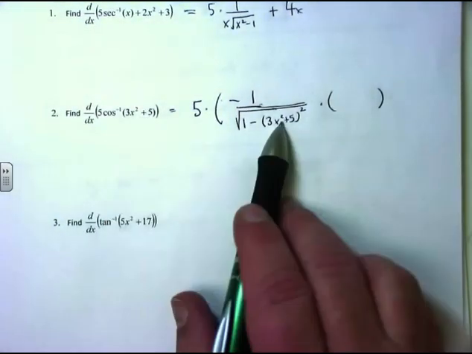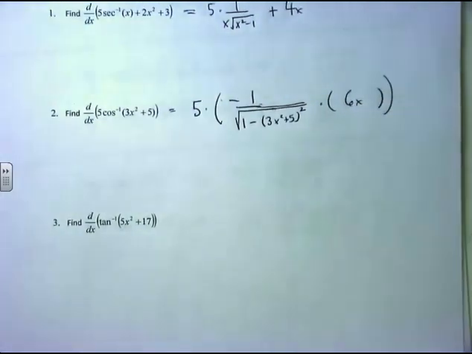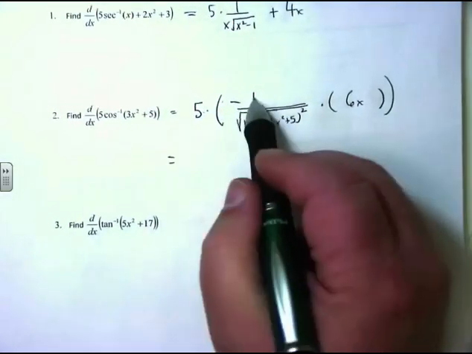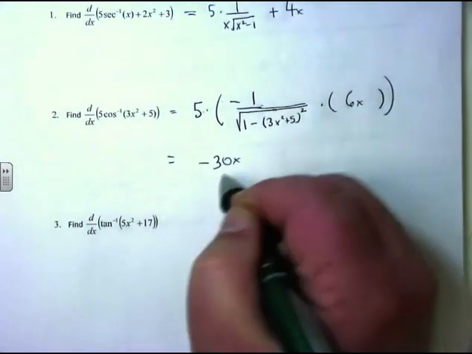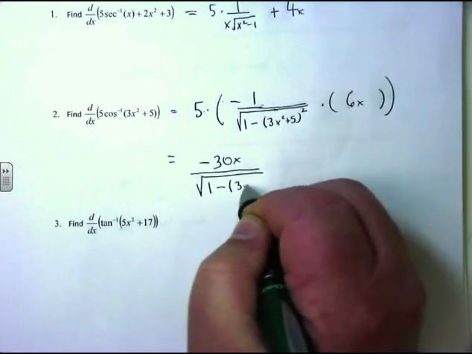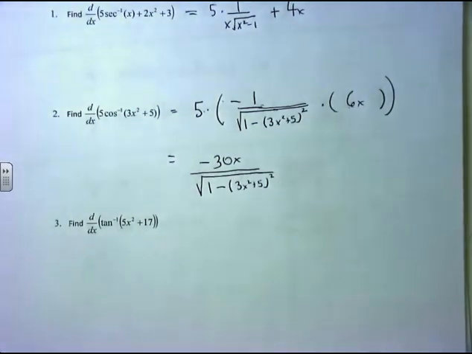That was my function. The derivative of that function is 6x. Now, of course, you really probably want to clean this up, putting my constants together. 5 times negative 1 times 6x is negative 30x divided by the square root of 1 minus 3x squared plus 5 squared.